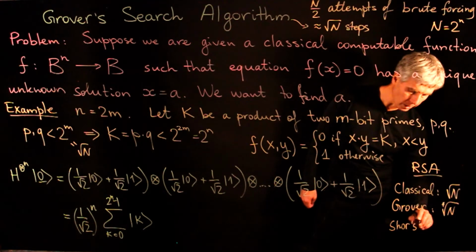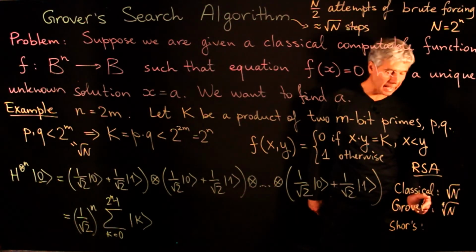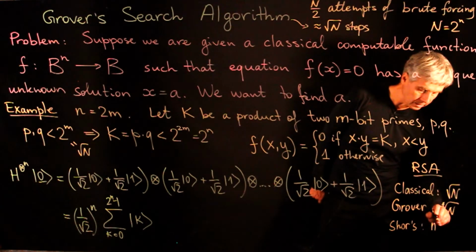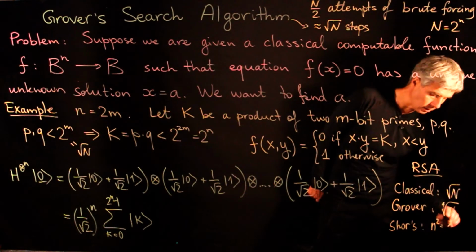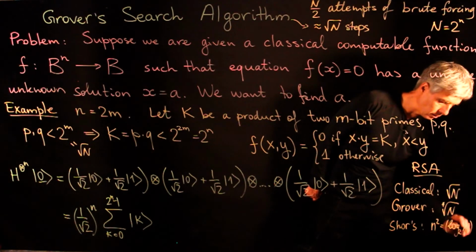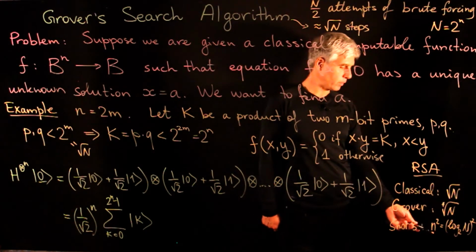Well, with Shor's quantum algorithm, we can achieve way more spectacular results. So what we can do is little n squared, which is log base 2 of N squared.